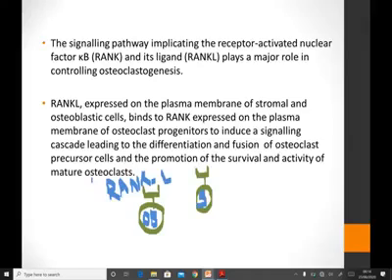So basically, for osteoclastogenesis, the activation and differentiation of an osteoclast, we need the interaction between RANKL and RANK. RANK is present on the plasma membrane of the osteoclast progenitors, whereas its ligand, RANKL, is present on the plasma membrane of the stromal cells and osteoblastic cells.